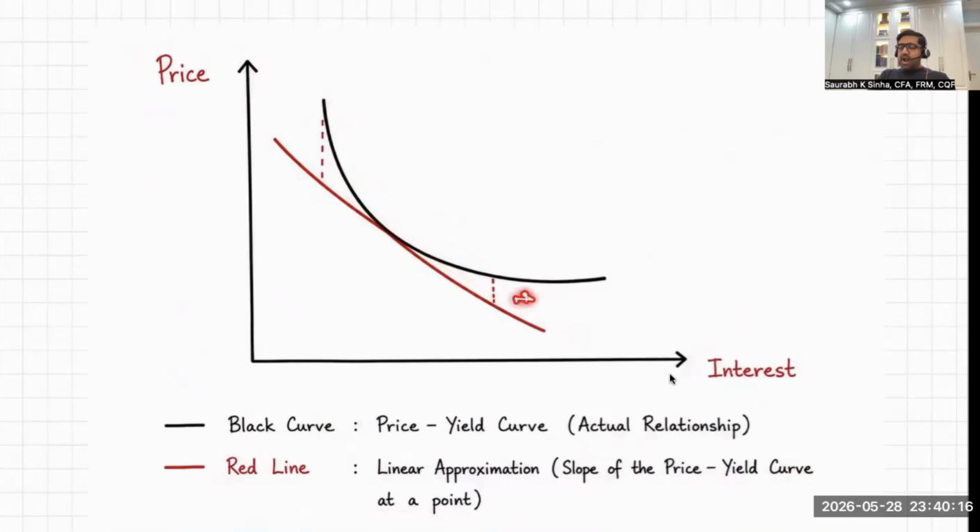You always have to add something to reach the true value of the bond if you're trying to predict the bond price with the help of duration. That adjustment is called convexity adjustment, and the formula for it is half C del y square. Why it is half C del y square, we'll talk about it. And what C stands for, we'll discuss as well.